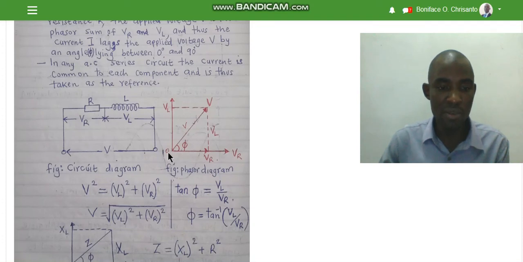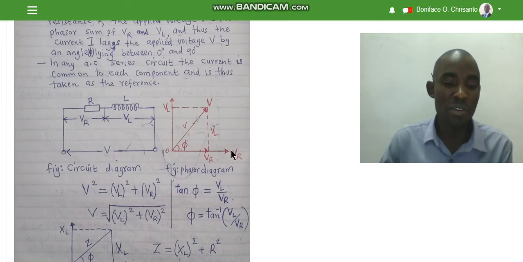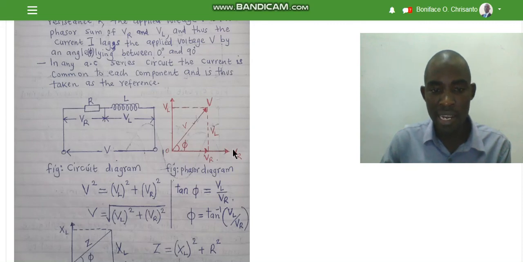So we can look at it. You can now see the current is drawn on the horizontal scale. We have also said before that in a purely resistive circuit, voltage is in phase with the current. That means the voltage across the resistor will be drawn alongside the current.